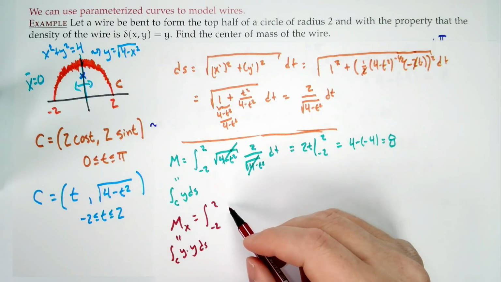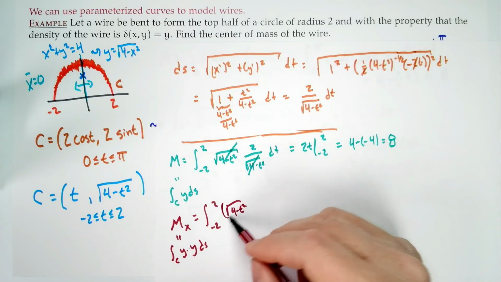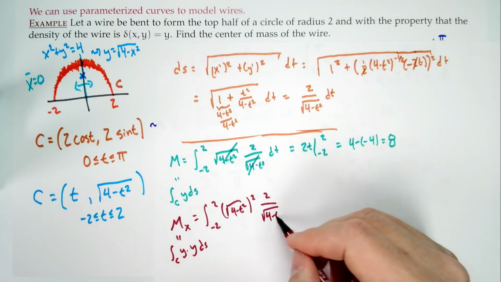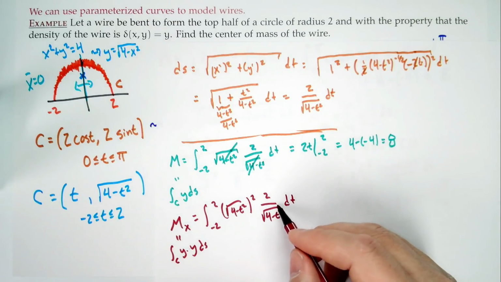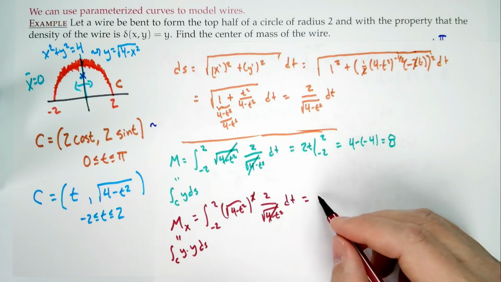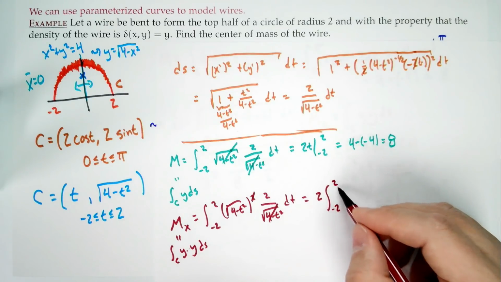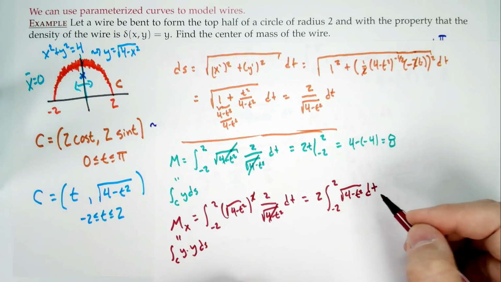So that will be square root of 4 minus t squared, squared, times 2 over square root 4 minus t squared dt. Now we can cancel one of these off, but then we're left with the challenge. How do you integrate from -2 to 2 of the square root of 4 minus t squared dt?